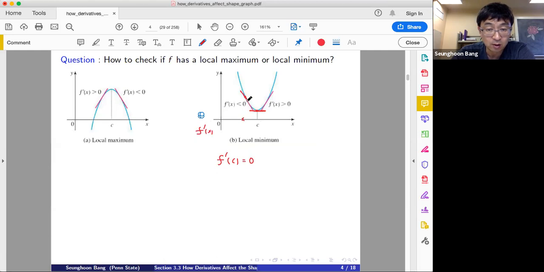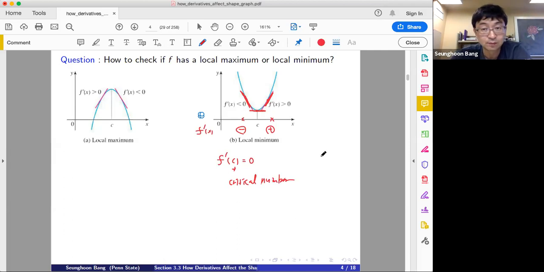The tangent line has a negative slope. You can choose point x here, x greater than c. The slope of the tangent line is positive, right? So f prime of x changes from negative to positive. The c is a critical number. We have a local minimum at the critical number.